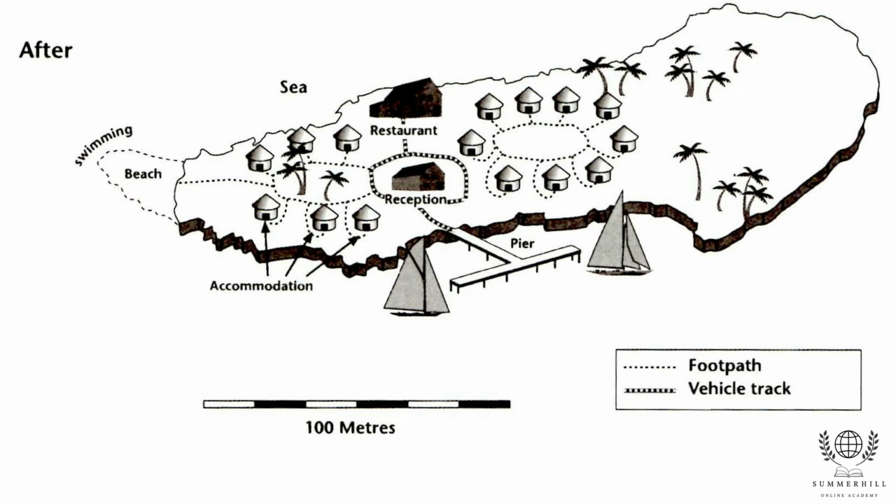Accommodation is non-count. We can think about housing, reception, restaurant, a pier. So we can see the major features here, and these features include the footpath and the vehicle track. It's very important not to forget these. These are major features, so including all of those features will be essential.